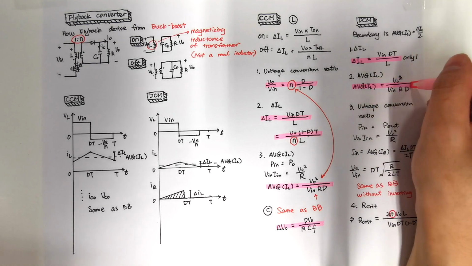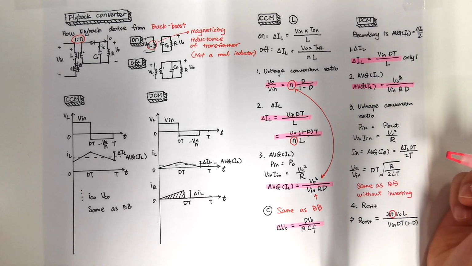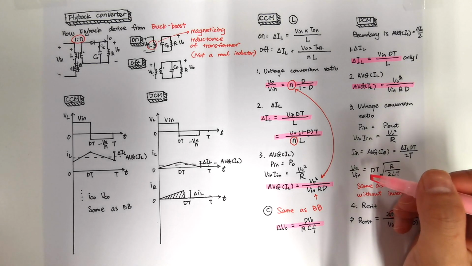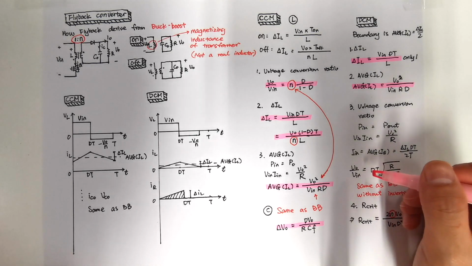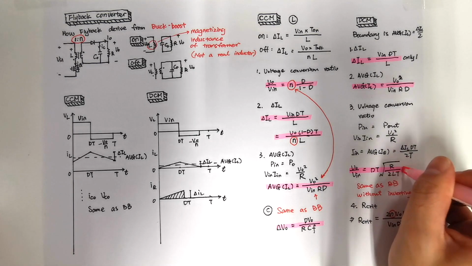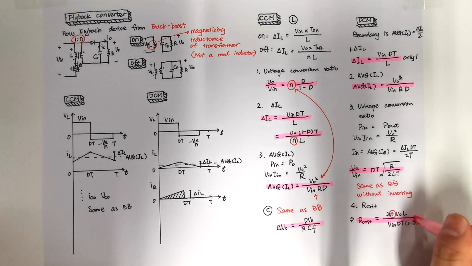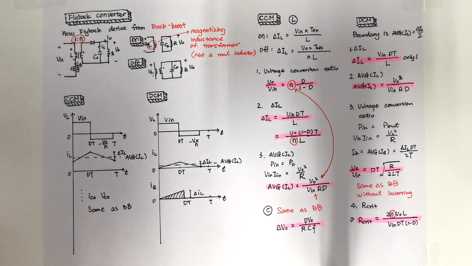The average inductor current is the same as CCM and also the same as our buck boost converter. Our voltage conversion ratio is different from our CCM mode, but this formula is the same as our buck boost converter. And our critical resistance value is calculated using this formula.